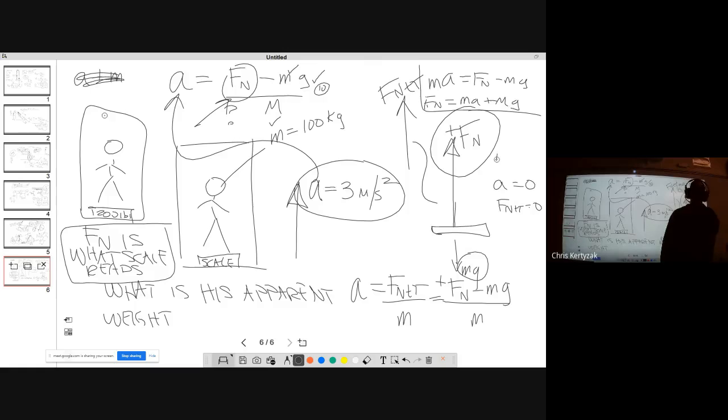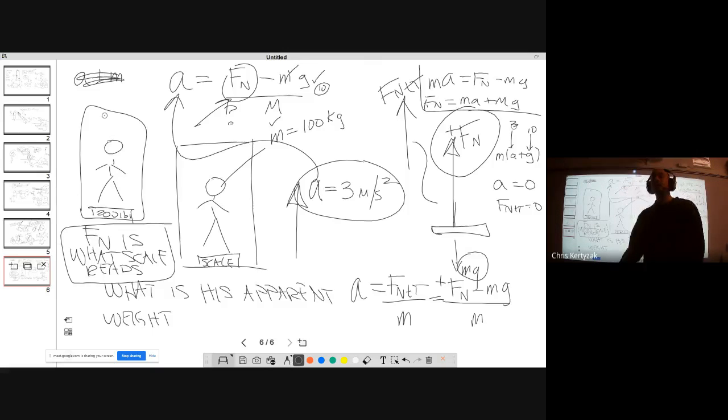Technically, if you factored out your m, you'd end up with m times (a plus g), where you would be putting in 10 for g and 3 for a. You wouldn't want to put a negative in there. You want a bigger number now than 10, because now it's 13 times his mass. That's a lot more force than just 10 times his mass, which is his weight, mg. That's how you would do that. Know that the normal force is what the scale reads.